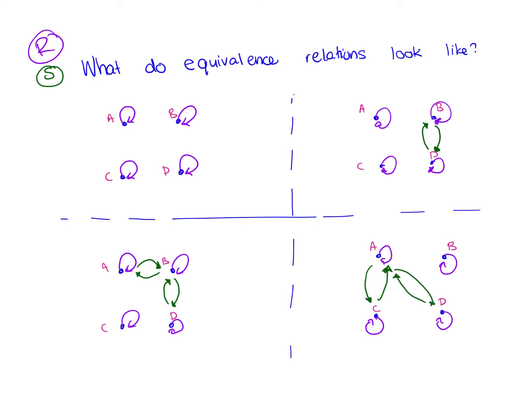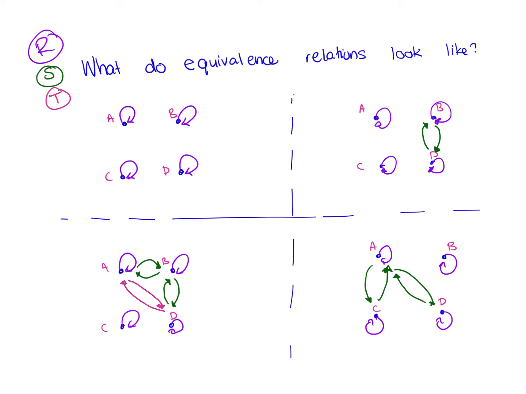So it's reflexive and symmetric, but now we want to make sure it's transitive as well. So to make it transitive, if A goes to B, down here in the third box, and B goes to D, then I need D to go back to A, but then I still want it to be symmetric, so I'll send the one going back the other way.